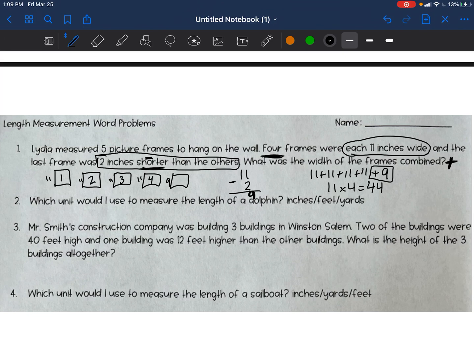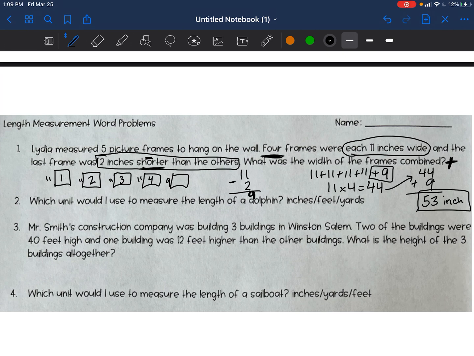So what should we do? Well, we take what we have, 44, and we add the 9 with it. Okay, so what is 44 plus 9? Try and do that in your head real fast. That is 53. So what is the width of the frames combined? 53 inches. All right, so make sure you have that all written down and worked out with me.